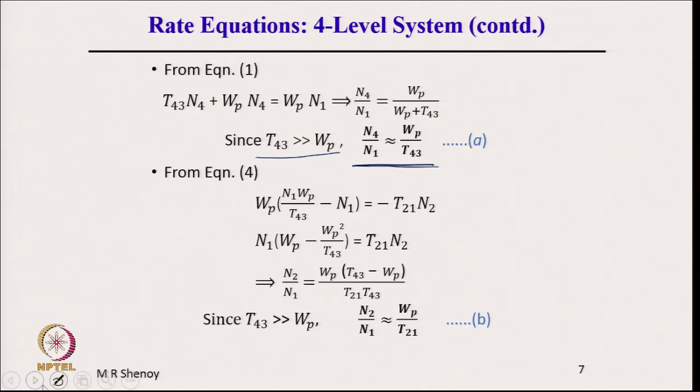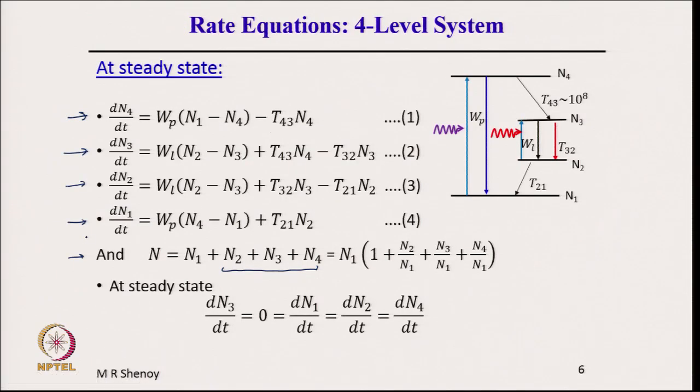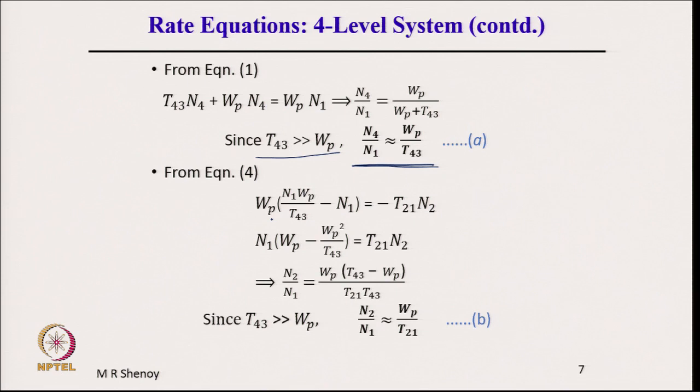Similarly, from equation 4, that is the fourth equation here, this also has only 2 terms. Therefore, if we put dN1 by dt equal to 0, we can get the ratio as shown here, Wp into this equal to this one, which is written here.